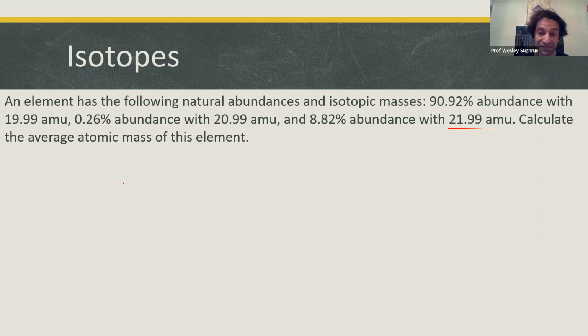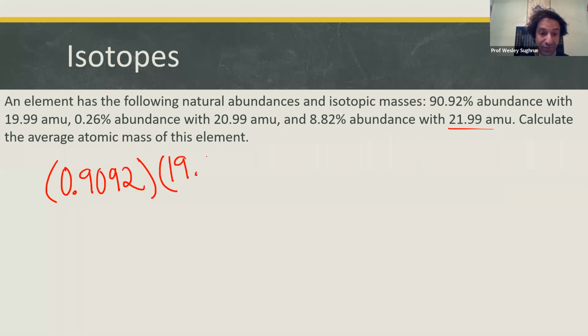You calculate this utilizing the following method. First of all, anytime you use a percentage, you have to convert it to a decimal. So 0.9092 multiplied by the aforementioned mass, 19.99 AMU.